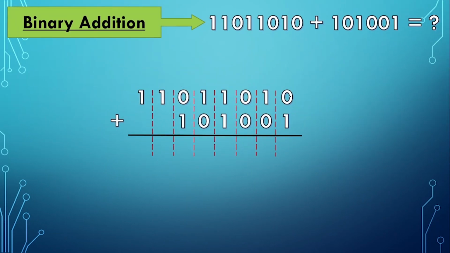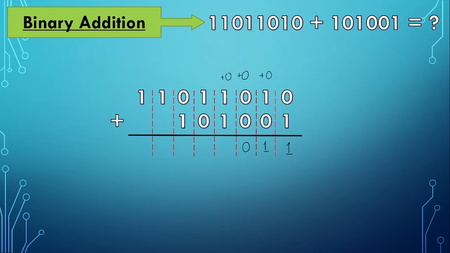So doing so, we'll have 0 plus 1, so the sum will be 1 and carry is 0. For the next bit, 0 plus 1 plus 0, sum is again 1, carry is 0. Then for the next bit operation, 0 plus 0 plus 0, it is 0, carry 0.